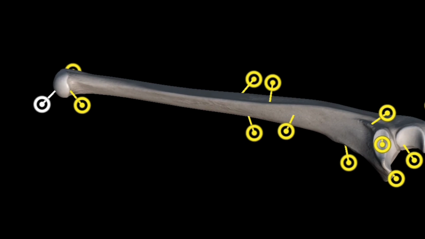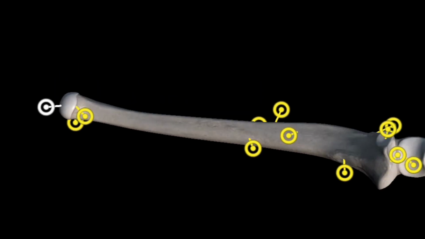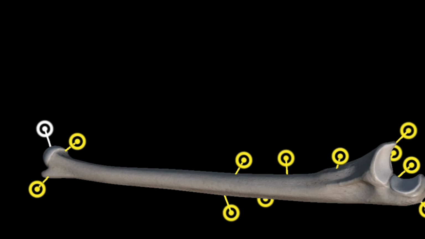Let's see the medial side of the ulna, how it looks medially. If you see medially, ulna will be like this. From proximal, this is the olecranon process, and here is the trochlear notch, and here is the ulnar tuberosity.